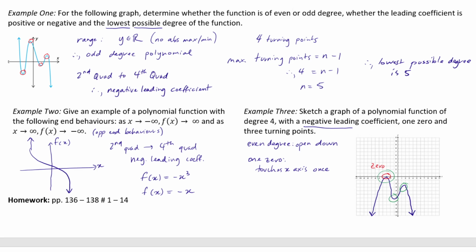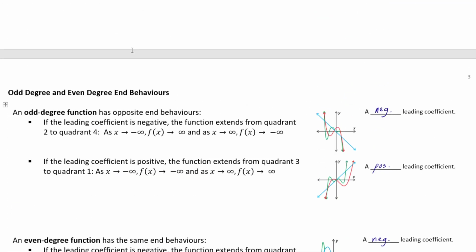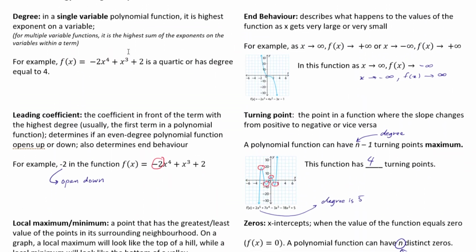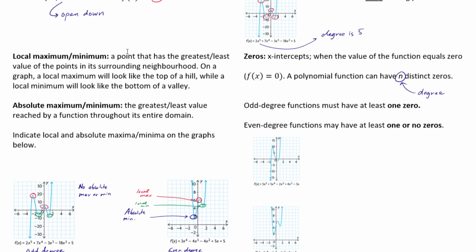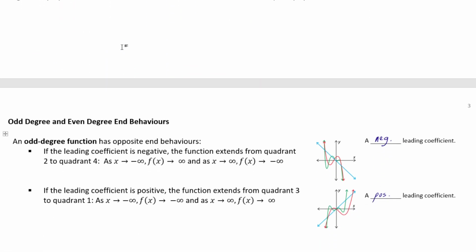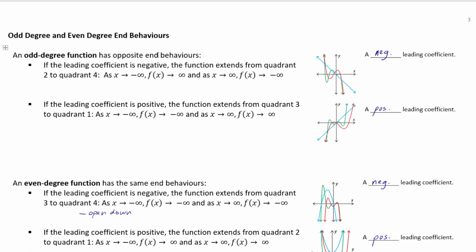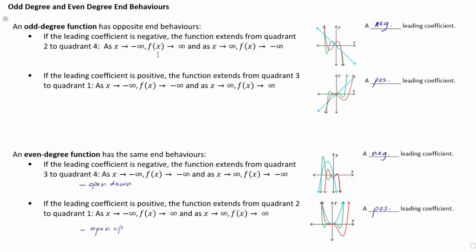So just reviewing what we did today, we took a look at the terminology of degree, end behavior, leading coefficient, turning points, zeros, absolute maximums and minimums. And then we looked at the behavior with respect to leading coefficients.